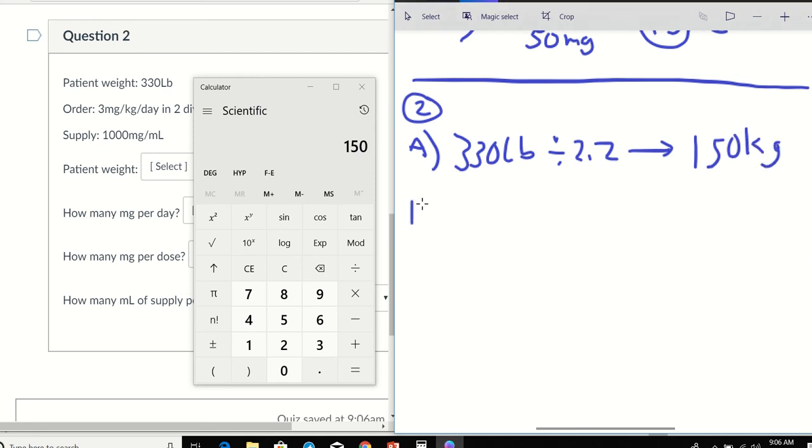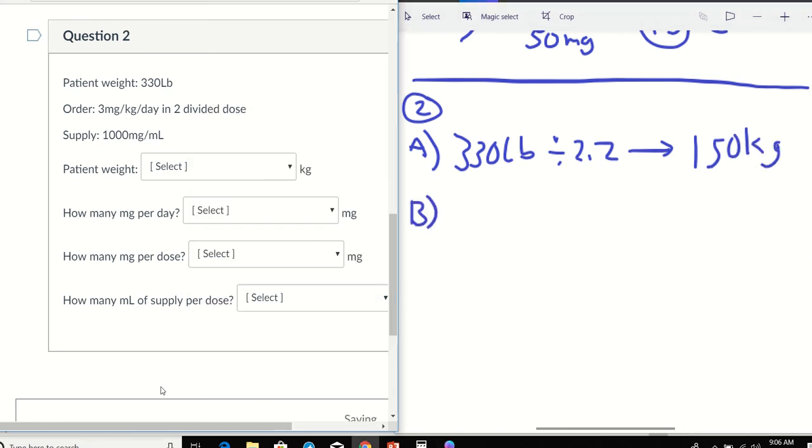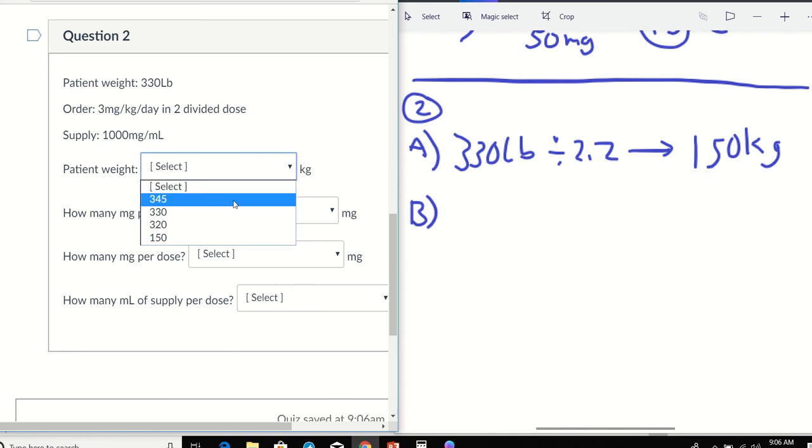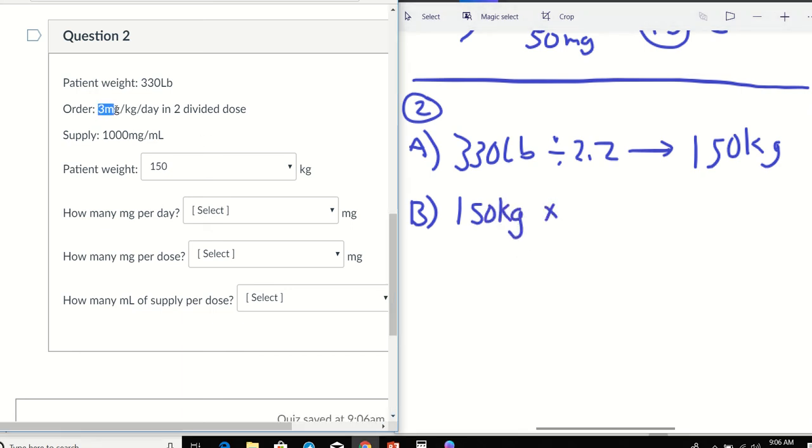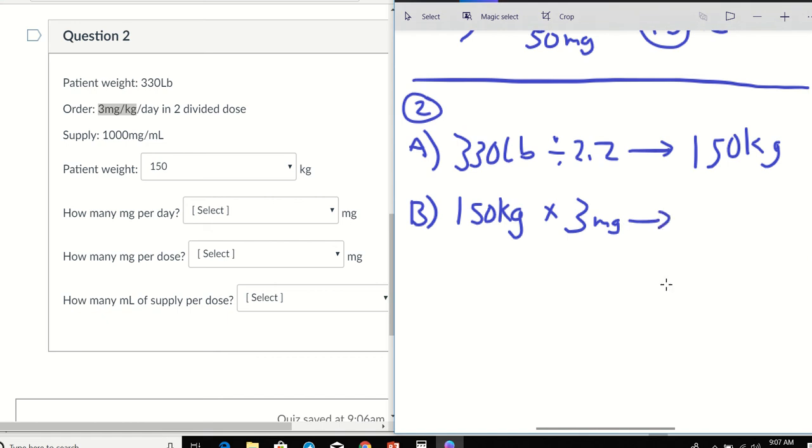So that's going to be our starting point for step B. So for B, we take the body weight and we're going to multiply by the order per kilogram. So here we have 3 milligrams per kilogram per day. So just multiply it by the amount of drug ordered per kilogram per day. So this will give you your daily amount.